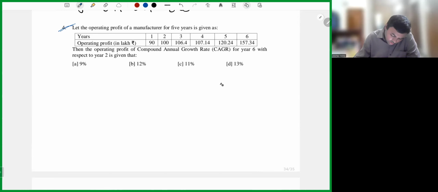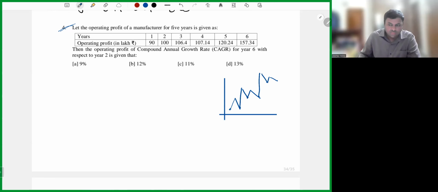In stock market, what happens? Say, for example, the stock market graph is somewhat like this. It is increasing, it is decreasing, increasing, decreasing. I want to average the growth rate. What I will do is that I'll take, this is the starting point, this is the ending point. I'll not take all the fluctuations in between.